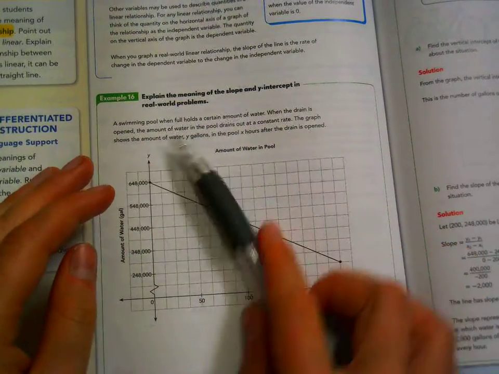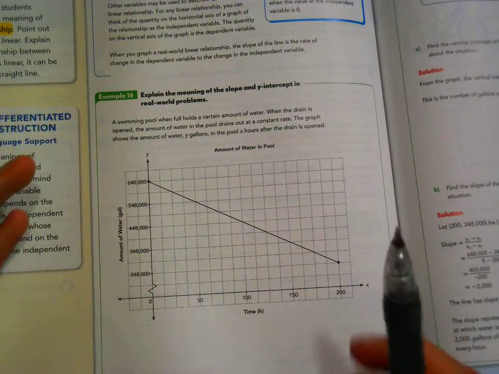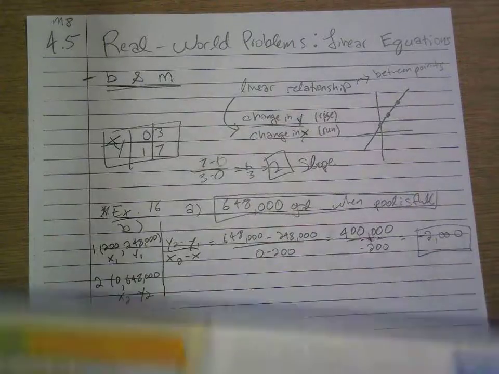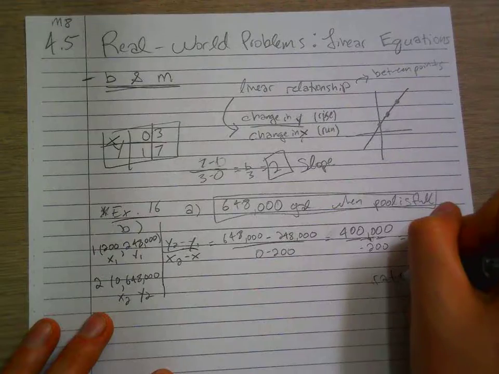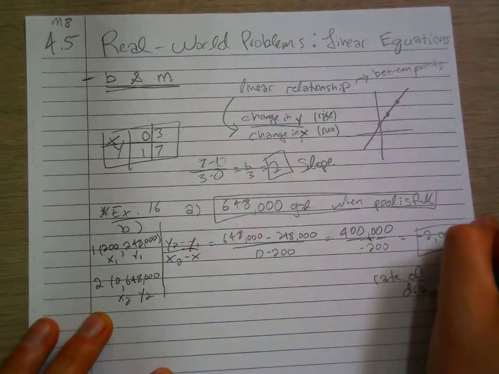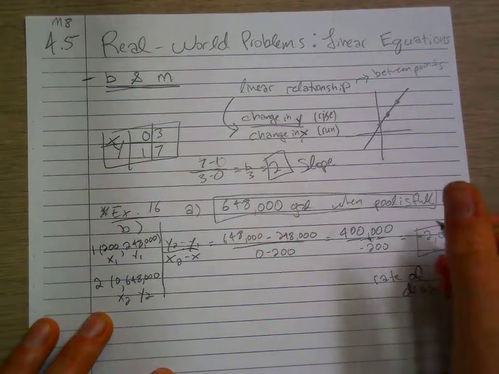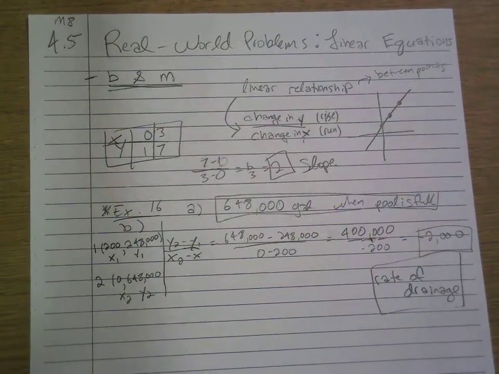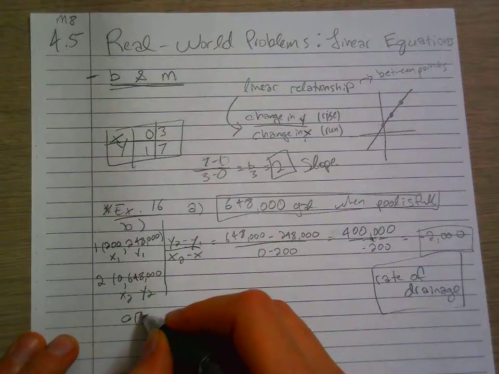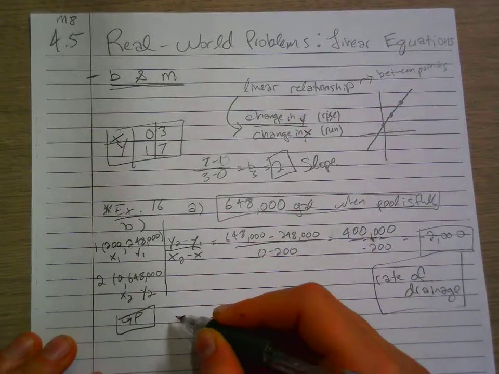So depending on the slope, that determines the rate or how fast the water was drained. And because it's negative, you can see that gallons are going down. So rate of drainage is what it represents. Try this on guided practice 1.